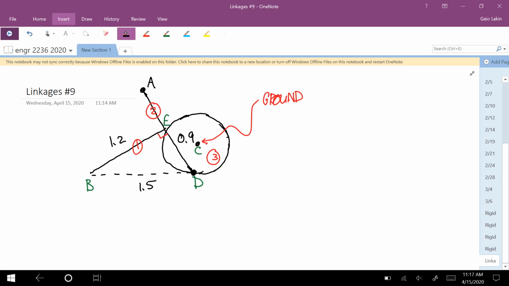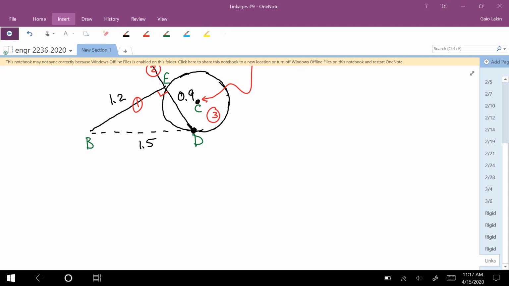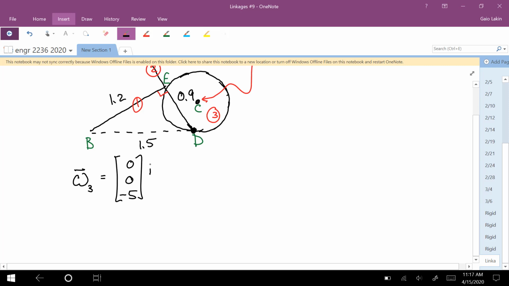So what do we know? We know that at the instant shown, body 3 has an angular velocity of -5, and that's in the z direction, so 0, 0, -5. What about the other two?